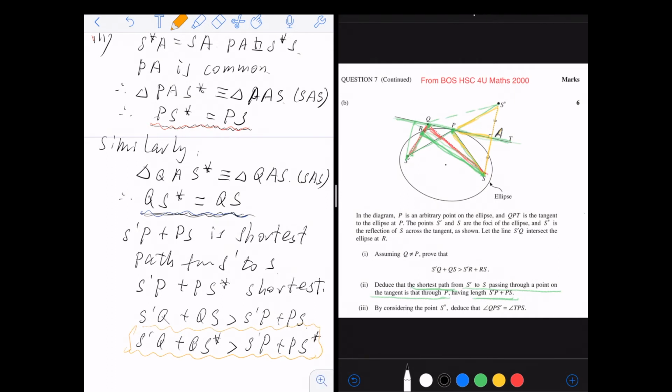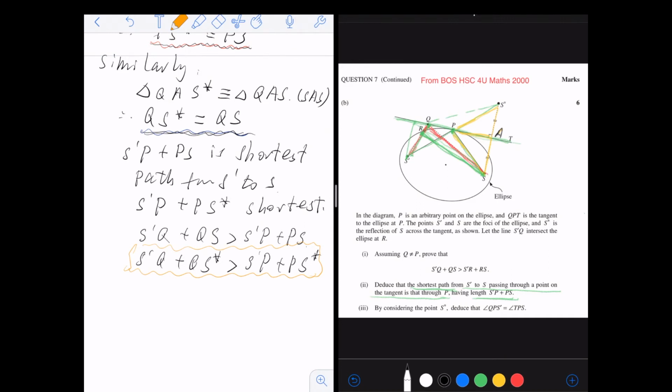It means the distance from S dash to the S star, going via the point Q, will be longer than the distance from S dash to the S star via P. This distance is the shortest distance compared to any other point on the tangent apart from P; they will always be bigger than this distance.